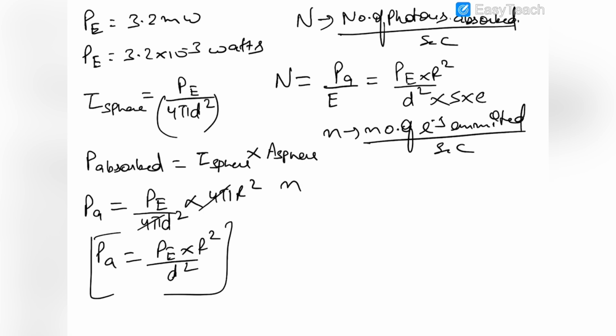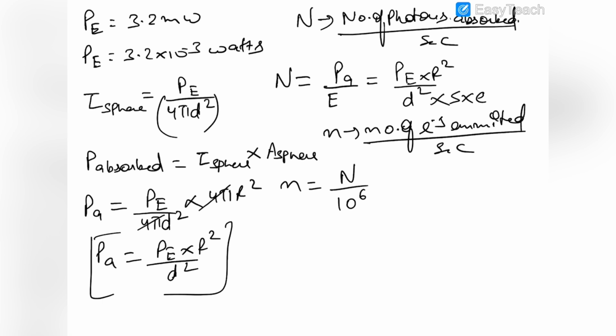Then this small n will be equal to the total number of photons absorbed upon 10 raised to power 6. Okay, because if N photons are absorbed, then only a fraction, which is N upon 10 raised to power 6, will be the number of electrons emitted per second.